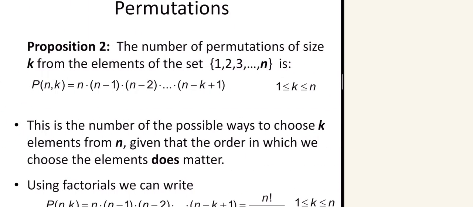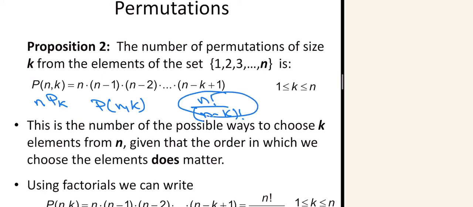Here, if you remember, I told you that in some books for permutation, instead of nPk, they use the notation P(n,k) like this. And in this case, instead of dividing n factorial by (n minus k) factorial, they substitute it with this formula.